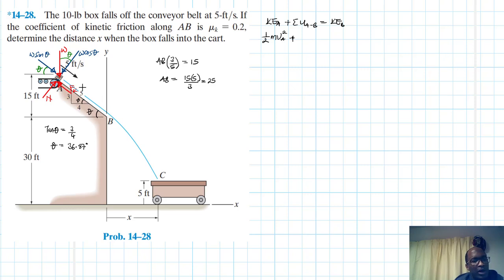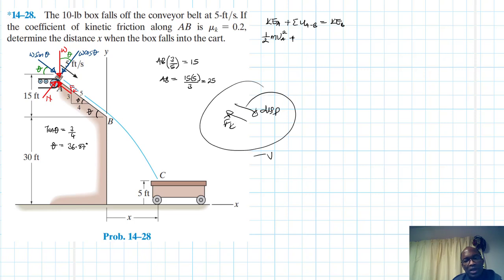So we will have work done here due to friction, as well as work done due to the weight. Is that fine? Great. So we have negative work. You've seen friction is in this direction, displacement in this direction.